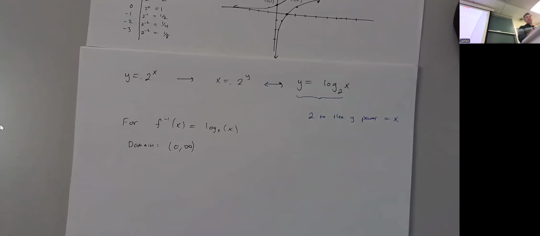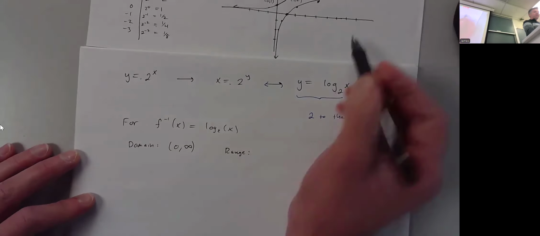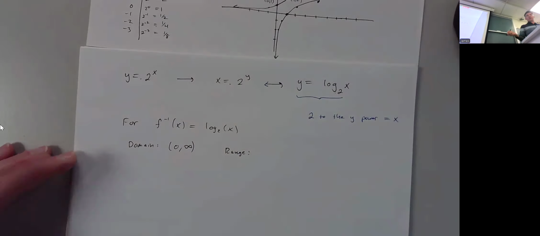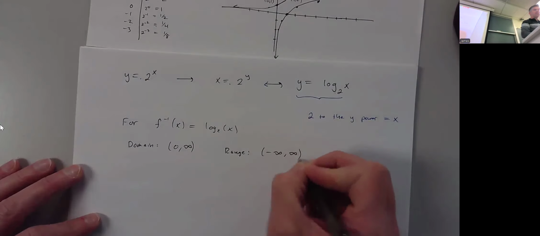We have to have the input being greater than 0. And the range here, although it takes a really, really long time, this function does get infinitely large, right? It doesn't ever turn around or flatten out. It just gets bigger and bigger and bigger, albeit very, very slowly. The range of this function is all real numbers.